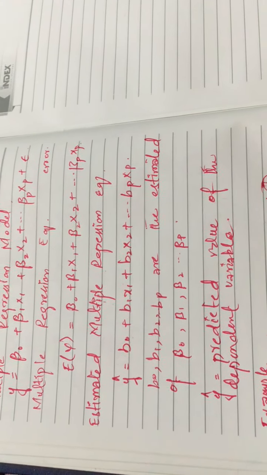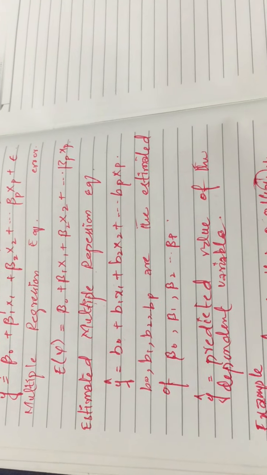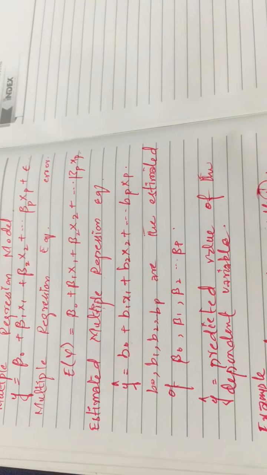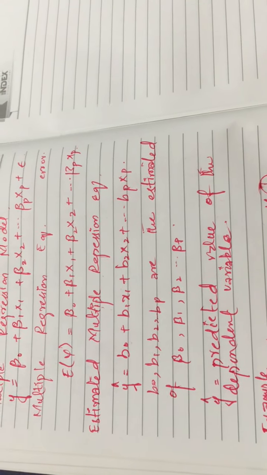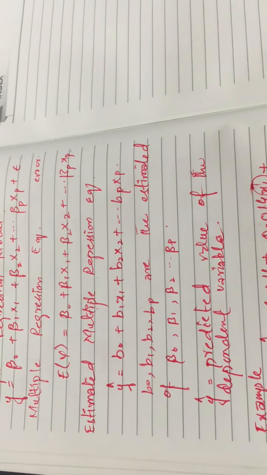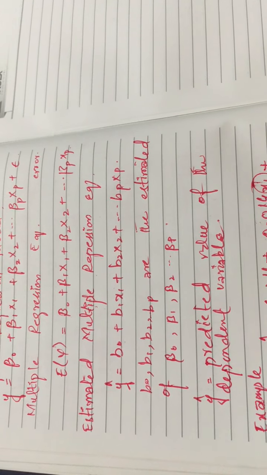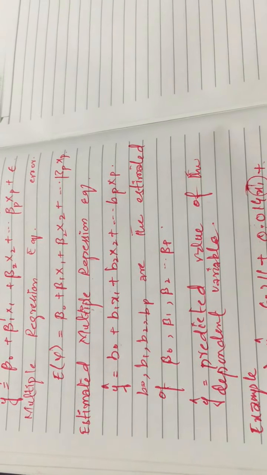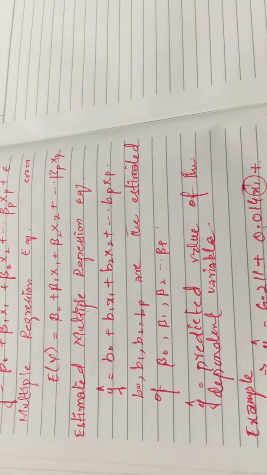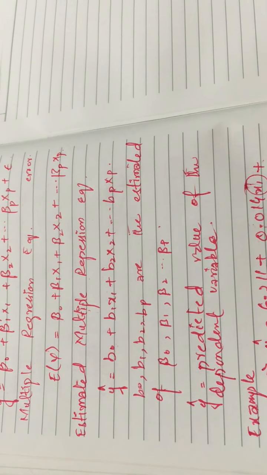And in the further video I am going to explain and find the multiple regression between two independent variables, and I will also solve an example of this kind of multiple regression where I am using two independent variables.